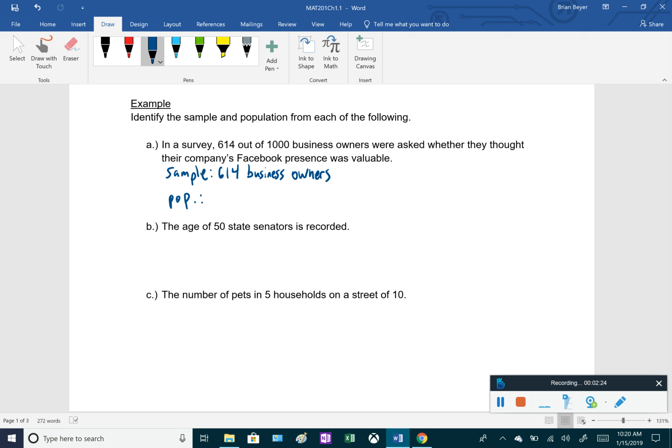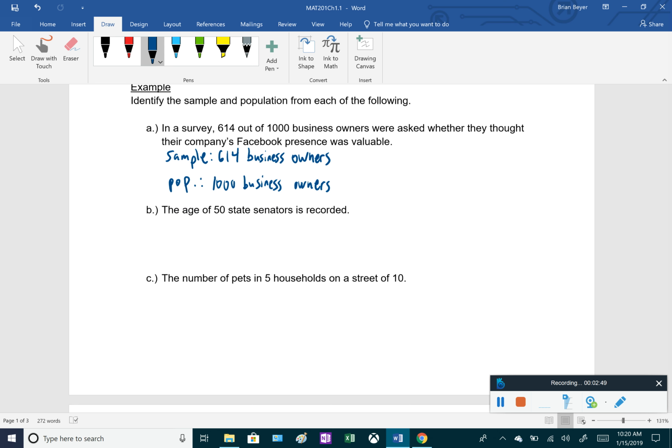And the population is going to be the 1,000 business owners. So it's going to be all business owners of interest here. So that's 1,000. So it's not every business owner ever. It's just 1,000 business owners because that's the total or the entire portion of interest here.